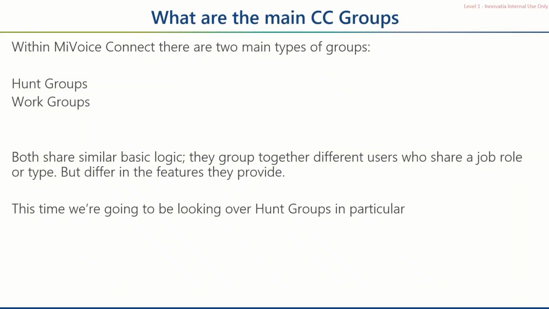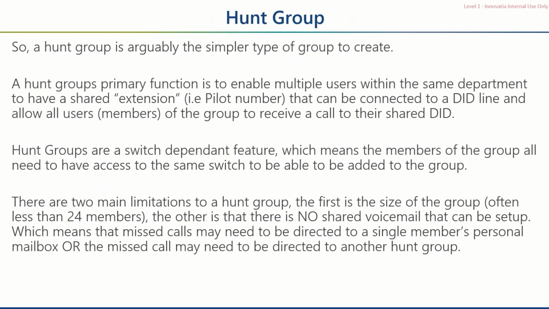They're a little more complicated to set up, but they do provide some additional features and options that may be important depending on what the overall purpose of the group is supposed to be. So we're going to be focusing on hunt groups this week, and we'll take a look at those in a little more detail.